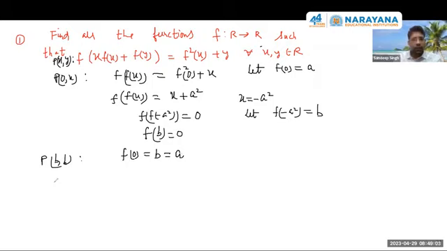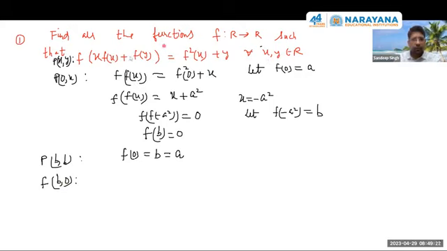Now what else can we do? I think we can put b comma 0 in the original equation. Everything we are putting in this equation is valid since it is written for all x, y.